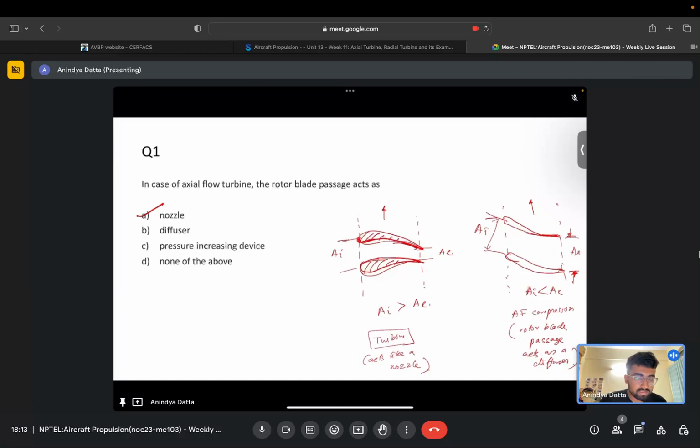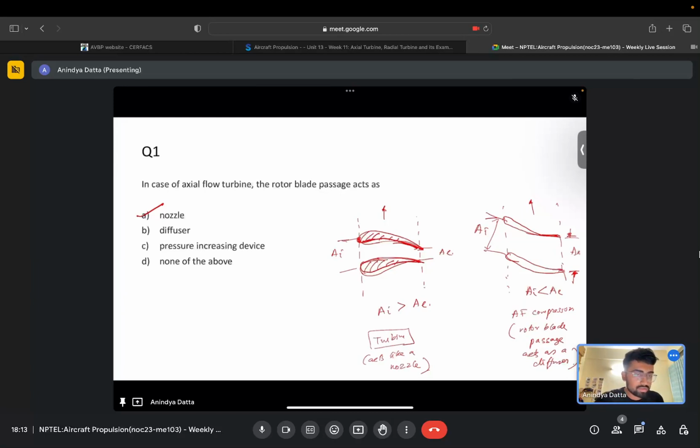So what you can say here is that this is a rotating nozzle, these rotor blade passages, so the relative velocity component will increase as the fluid passes through this nozzle. But similarly, in the case of axial flow compressors, the rotor blade is like a rotating diffuser, so the relative velocity component decreases as the fluid passes through it.